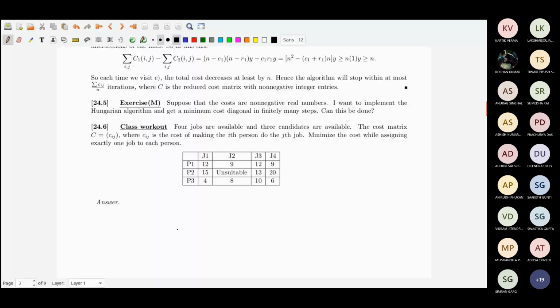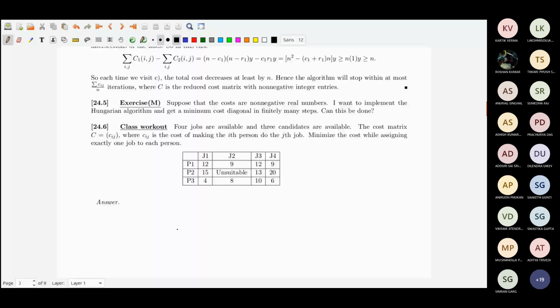Person 1 says, if I want to do job 1, then I will charge 12 rupees, for job 2, 9 rupees, for job 3, 12 rupees, for job 4, 9 rupees. Person 2 says, okay, for job 1 I will take 15, job 2 I will not do, job 3 13, job 4 20, and then person 3 says 4 8 10 6. That's the demand. So how do you solve it?